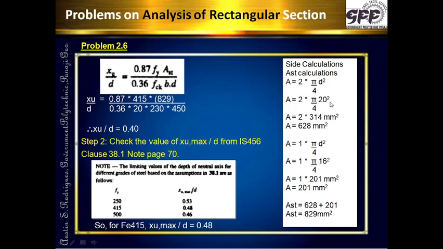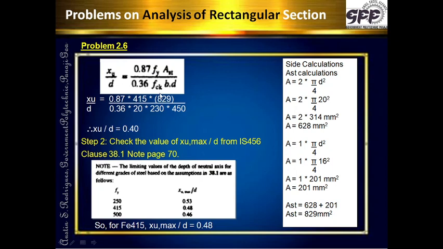Total area would be 628 plus 201, which becomes 829 mm square. Please note that whenever we have combinations like this, they are always provided symmetrically in the section. So 2 bars of 20 would be at the sides, and 1 bar of 16 would be sitting in the middle.